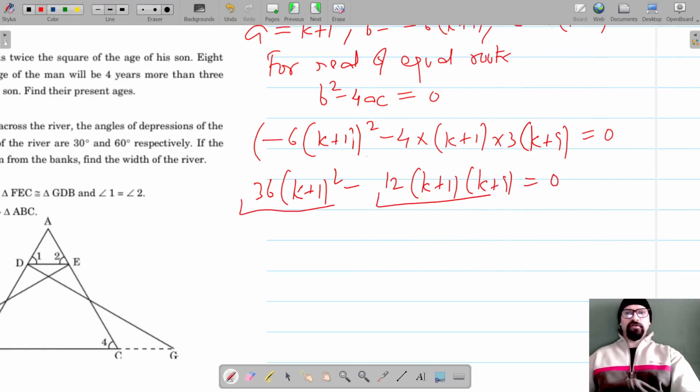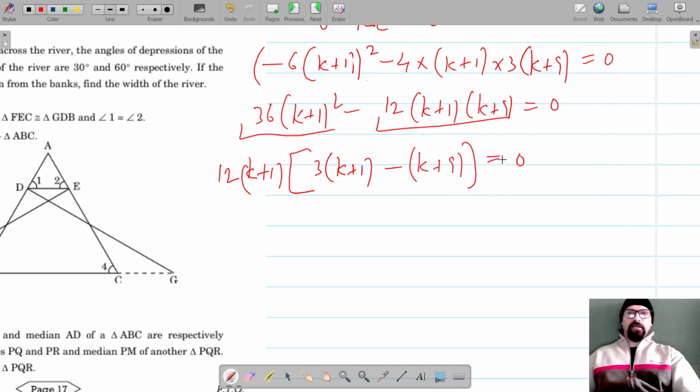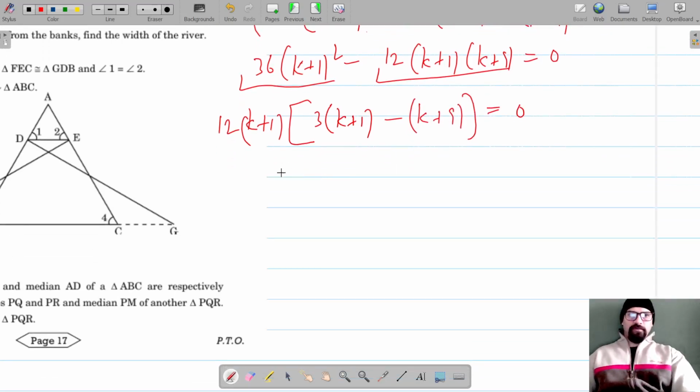So for these two terms, common is 12. If I take common 12 and k plus 1 is common, this gives me 3 into k plus 1, and we are left here with k plus 9, and let's open up the bracket. So this is 12 into k plus 1, 3k plus 3 minus k minus 9 is equal to 0.